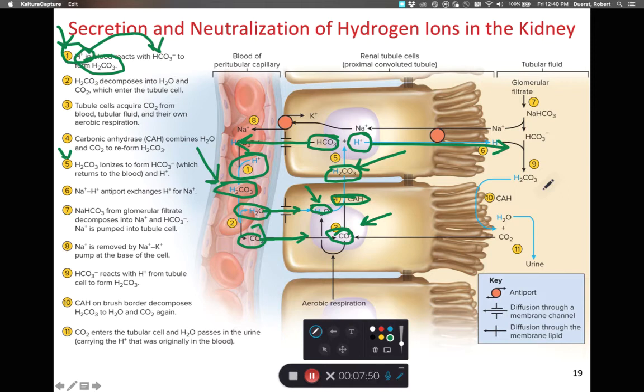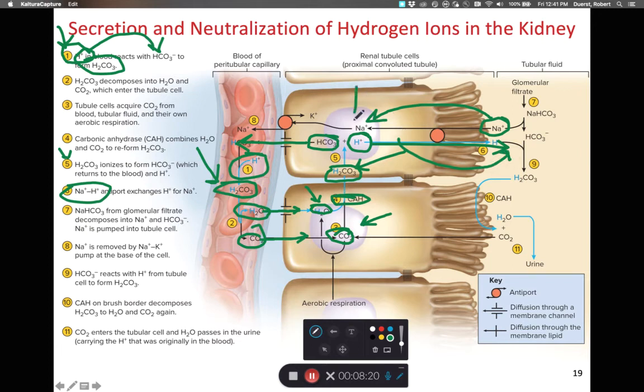To help power the movement of these ions, we need to have an antiporter. And we are going to use the sodium hydrogen antiporter. This sodium hydrogen antiporter is going to depend and be powered by a high concentration of sodium ions. And as sodium ions diffuse down their concentration gradient into the cell, that will power the movement of hydrogen ions out of the cell.